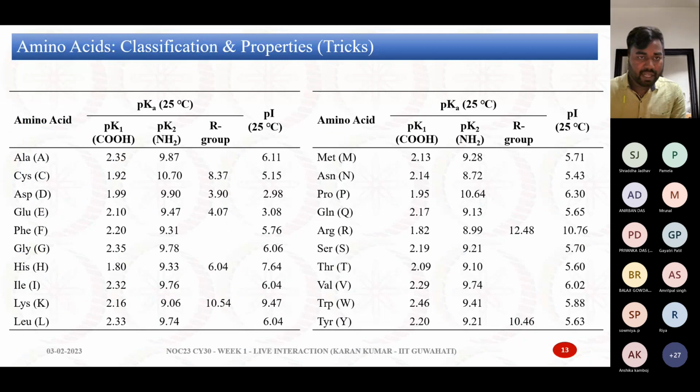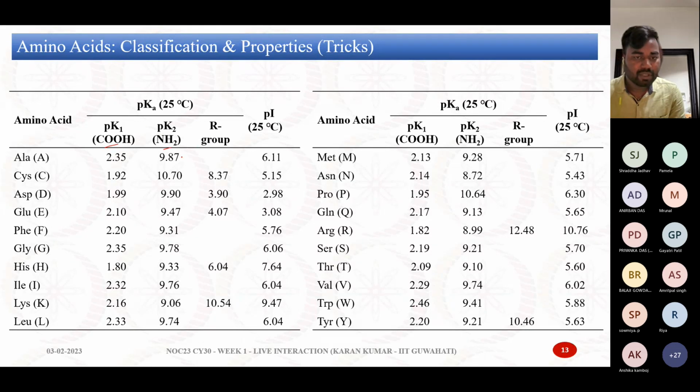Now, here I have given the pK values of the different groups that are present there. In alanine, there is no ionizable side chain, so only the pK1 and pK2 values will be given. That will be for COOH and NH2. Because in alanine, the side chain is only CH3, that does not have much impact on the pK value of the entire amino acid.